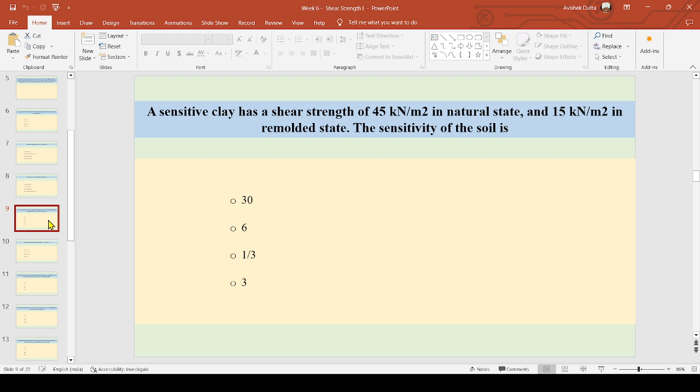You have to find out the sensitivity of soil given that the shear strength in natural state and remolded state are 45 kilonewton per meter square and 15 kilonewton per meter square. What will be the sensitivity of the soil? Your options are 30, 6, 1 by 3 or 3.